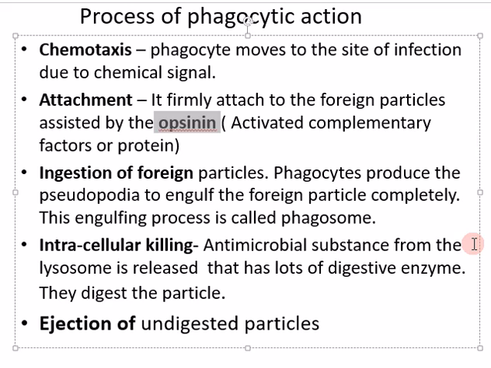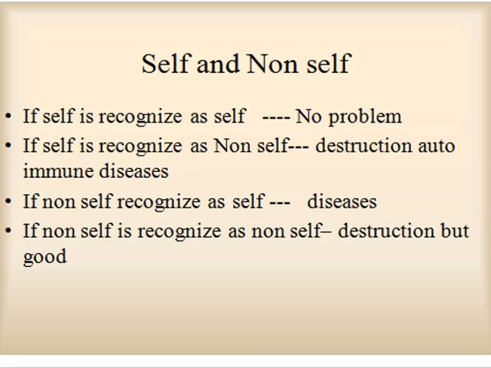Once it is inside the body of the phagocyte, it will be acted upon by the phagosomes, the lysosomes within the phagocytes, which secrete antibacterial, antimicrobial substances. These help the digestion of these foreign particles, and ultimately all the undigested particles would be excreted or ejected out.